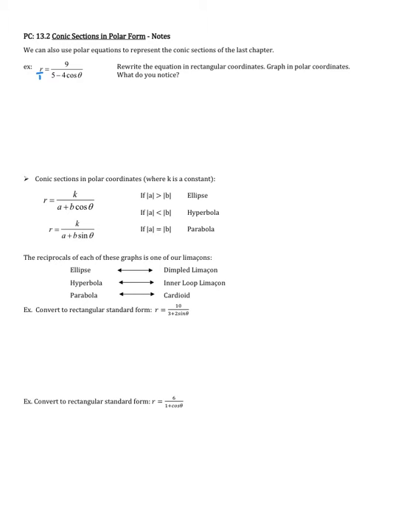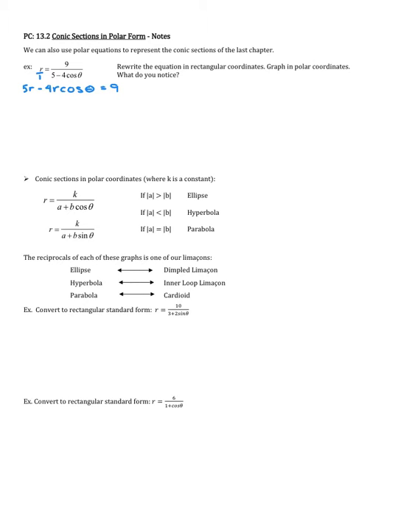So the first thing we're going to do is cross multiply. So I have 5r minus 4r cosine theta equals 9, and then we're going to use our toolkit to substitute.